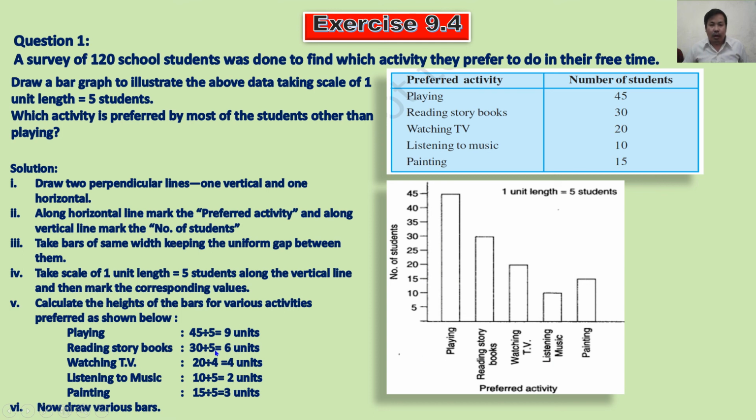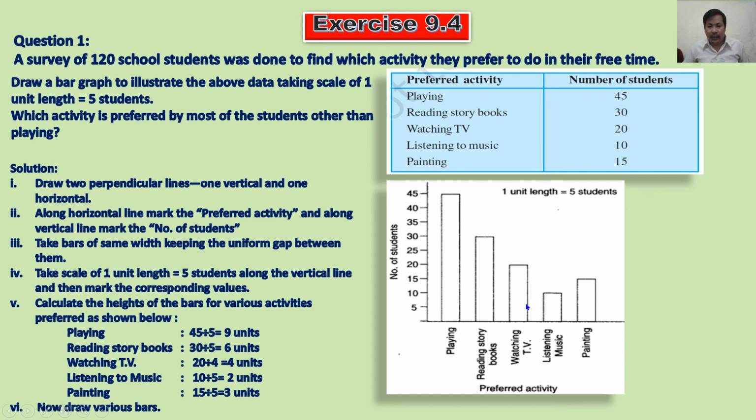Okay, like that you can go for reading books. Reading story books, how many units are there? 6 units. 1, 2, 3, 4, 5, 6. Then you take the height of the bar and draw the bar here, like this, isn't it? So like this, we draw the bars for the different activities of the students. For watching TV, how many units are there? 4 units. 1, 2, 3, 4.